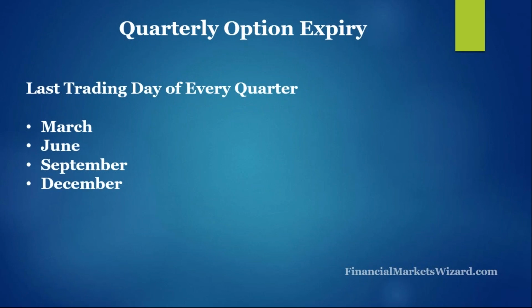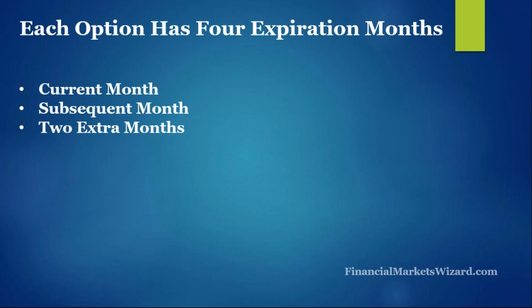Quarterly options expire on the last trading day of every quarter, such as March, June, September, and December. So there are three: weekly, monthly, and quarterly.